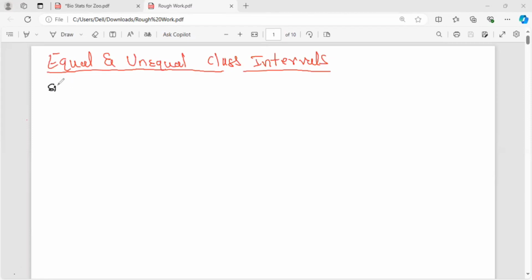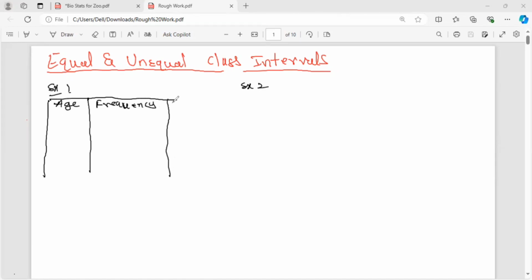So here, example number one, example number two. Age group and age, then we'll consider the frequency. First we'll consider 0 to 5, two patients were admitted. 5 to 10, three were admitted.